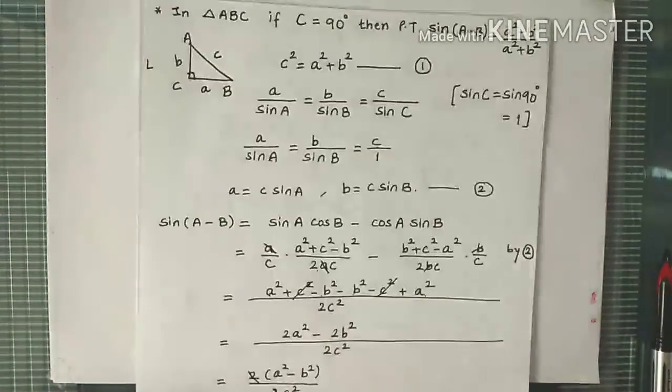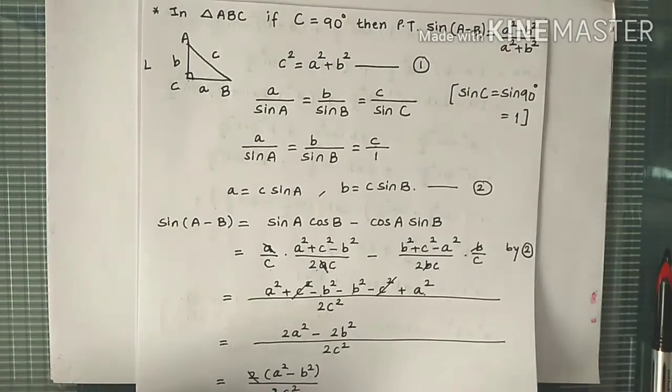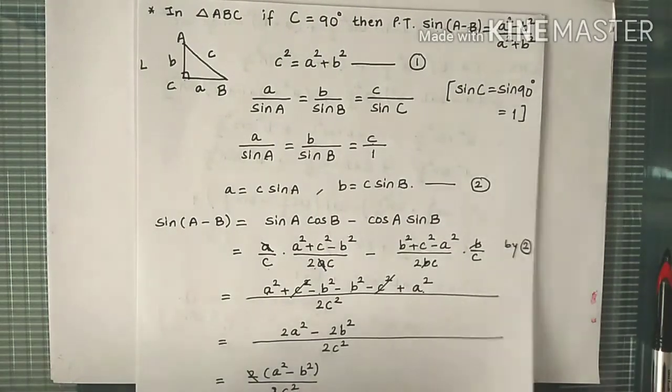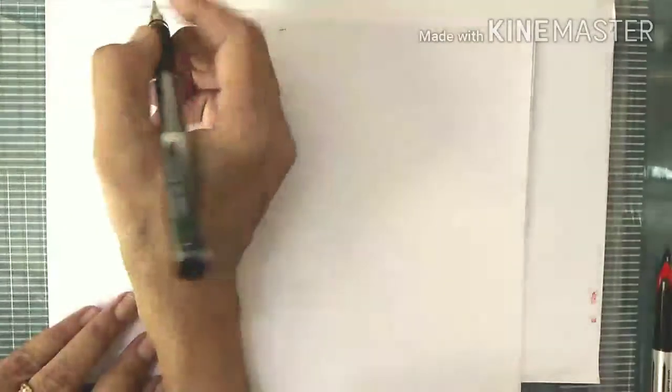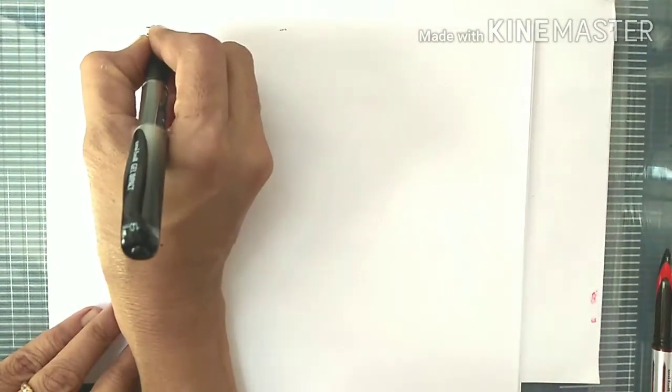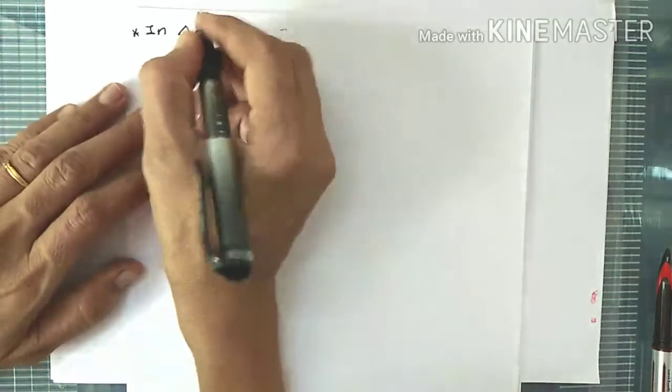Okay, let's solve one more question. One more question based on sine rule and cosine rule both. So the question is, in triangle ABC, this question carries 4 marks, and this question was asked before in one of the board exams.